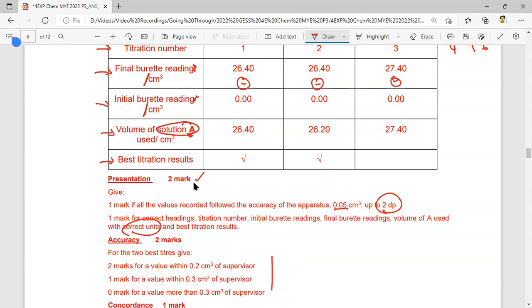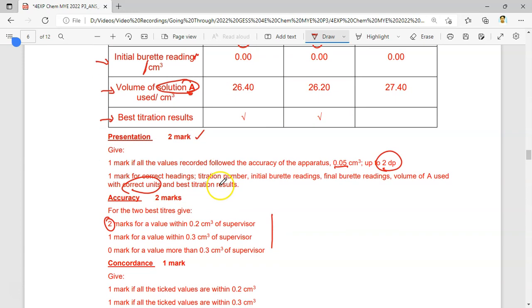This is the part where your accuracy comes in, how accurate your experiment is. If it is within 0.20 of the supervisor, who will be in the lab doing it, you get your full 2 marks. 0.3, just slightly above, you get 1 mark. But with 0 marks, if you are more than 0.3 cm3 away, that means your experiment is not accurate at all. So just take note of that.